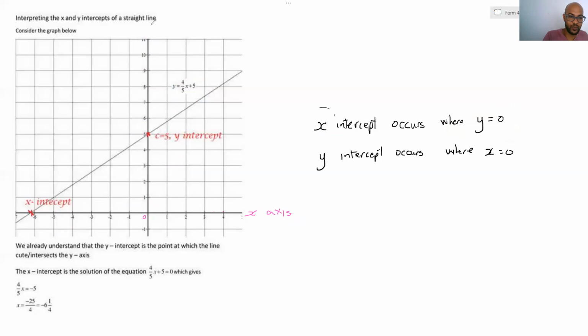Any point that is on the y-axis has its x coordinate at x is equal to 0. So when we talk about the x-intercept and the y-intercept, we are looking for points where the line cuts either your x-axis or your y-axis. Right, so maybe I could include that here as well.